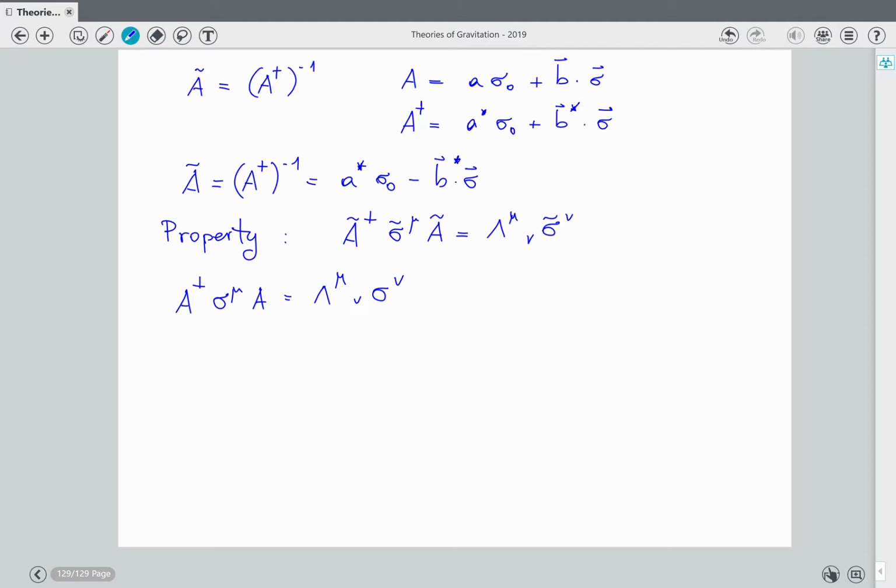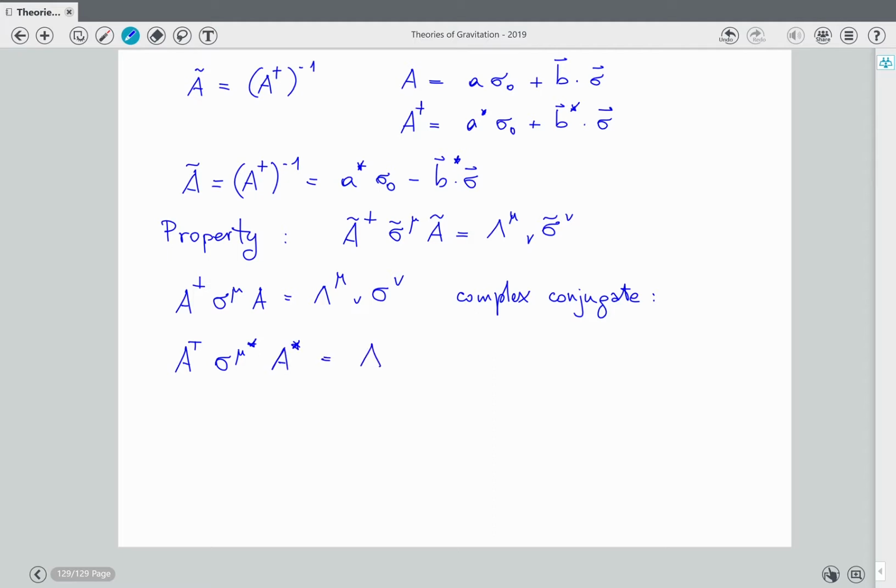If we complex conjugate this, you have the complex conjugate of everything. Dagger and complex conjugate is transpose. Sigma mu complex conjugate, A complex conjugate.